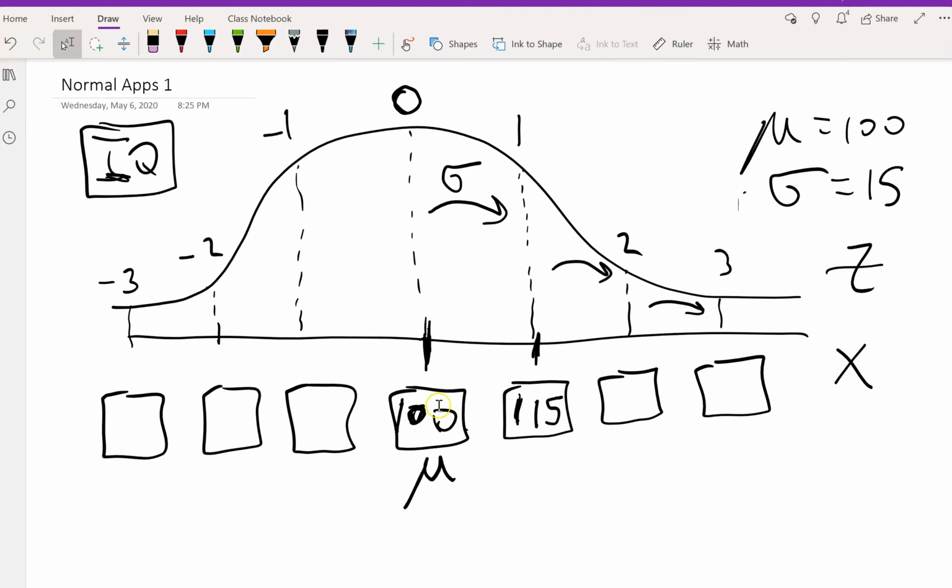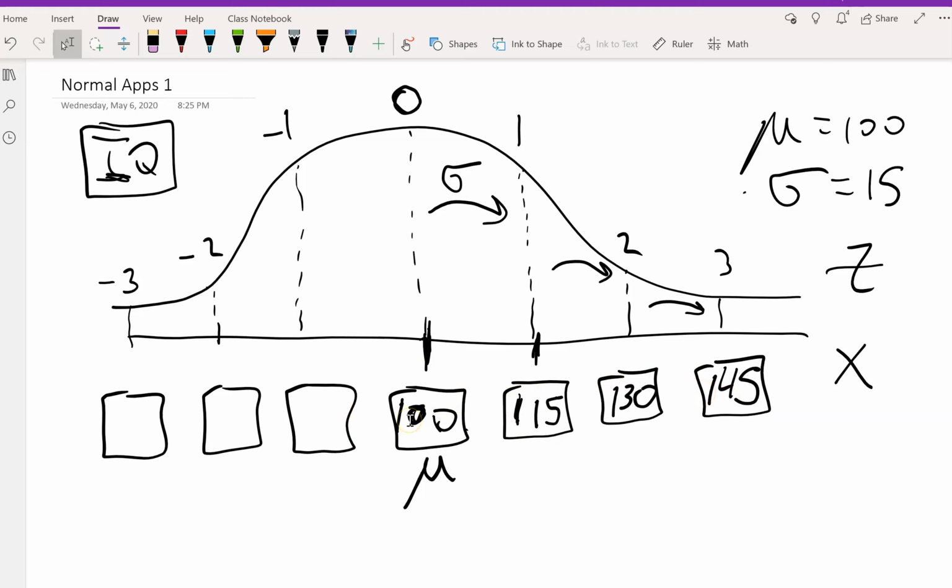If I was going from level 1 to level 2, I'd have to get another 15 points on the IQ test. So if I had a Z-score of 2, I know I scored 130 on the IQ test. If I had a level 3 in the Z-score, I know on the IQ test I scored a 145, another 15 points. Again, you start at the average and add 15 each time you want to move up the chart.